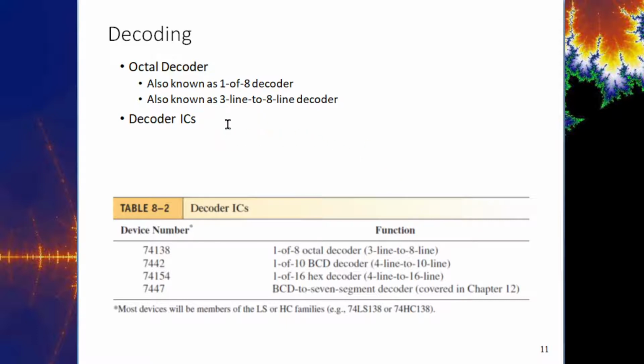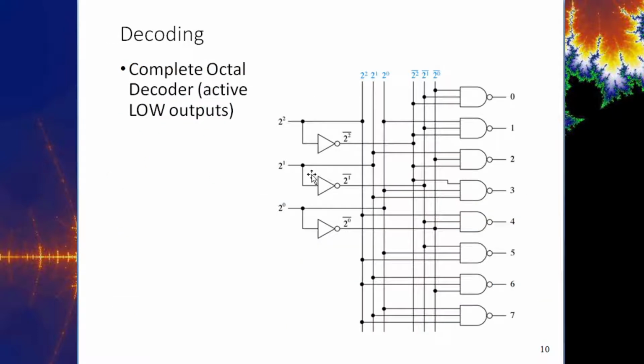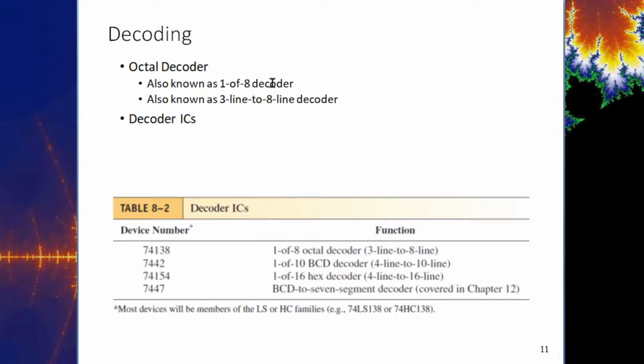We can also call them a 1 of 8 decoder or a 3-line to 8-line decoder, because you can see here 3-line to 8, or choosing 1 of 8 possible combinations. Just different terminology talking about the same thing.